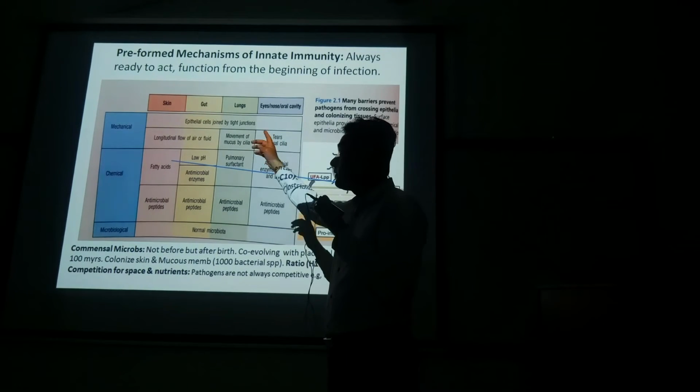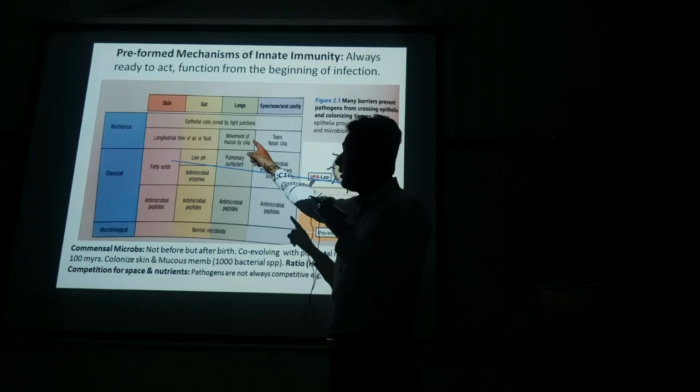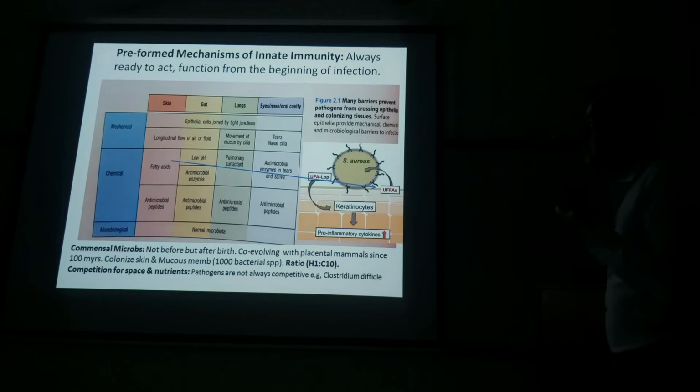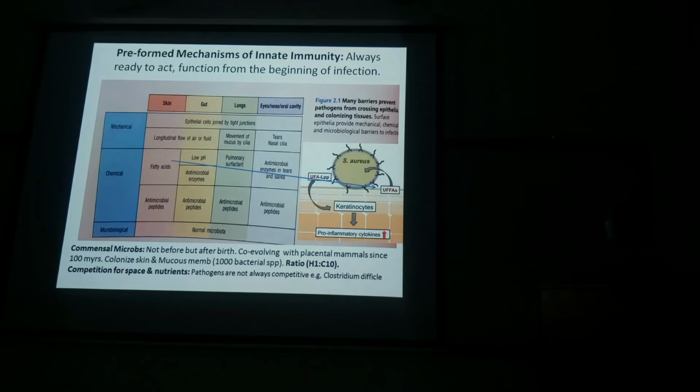So you just look at this column, under the skin. There are different free fatty acids on the skin which can protect the skin from different pathogens. And there are also some antimicrobial peptides produced by certain other microbes that can be bactericidal. They can kill other bacterial or pathogenic organisms.